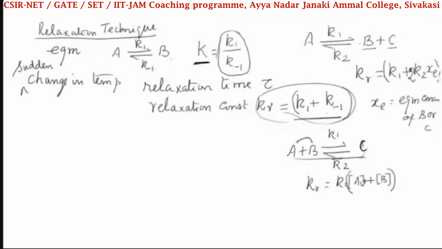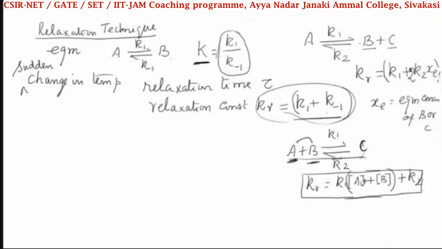Here, the concentrations of A and B left at equilibrium, K1 plus K2 into the concentration. Only one term, not necessarily; when you are deriving this relationship, that gets cancelled. And this is the equation for the relaxation constant.